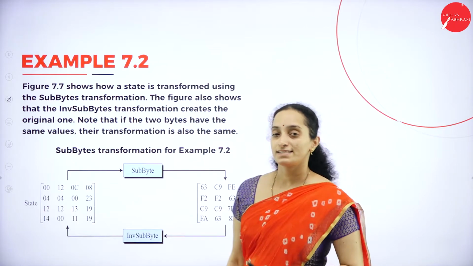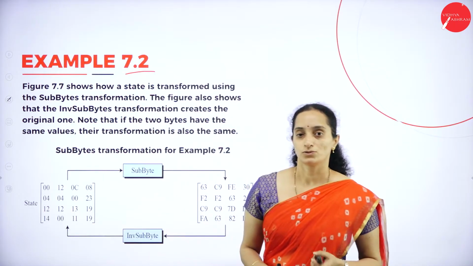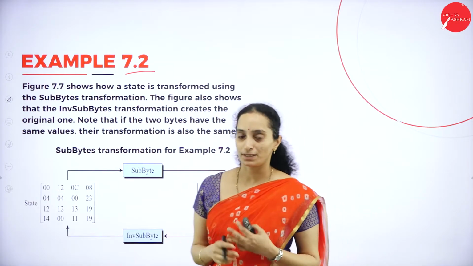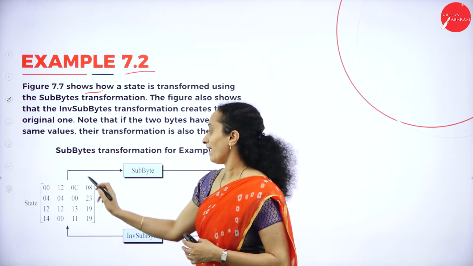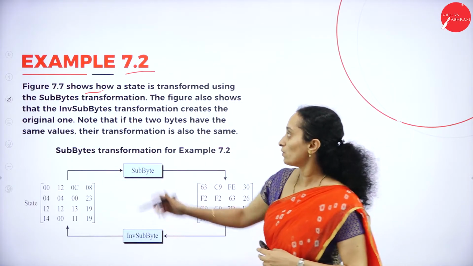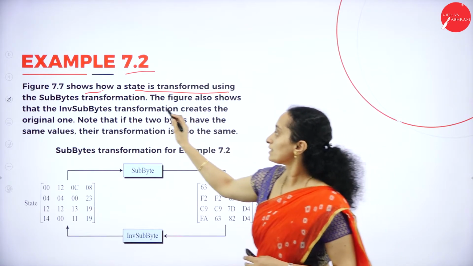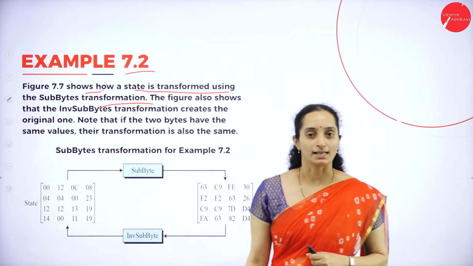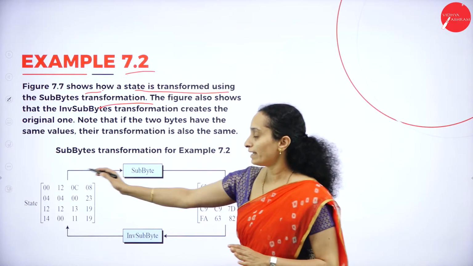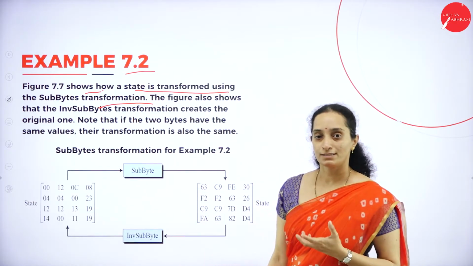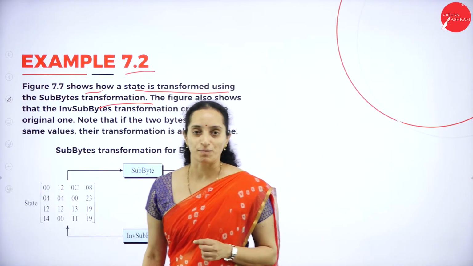Now let's take another example, example 7.2 from the textbook that has been prescribed. So we have a figure which shows how a state is transformed using the sub bytes transformation. How do you transform a set of bytes in a matrix or state? State uses a 4x4 matrix, isn't it?